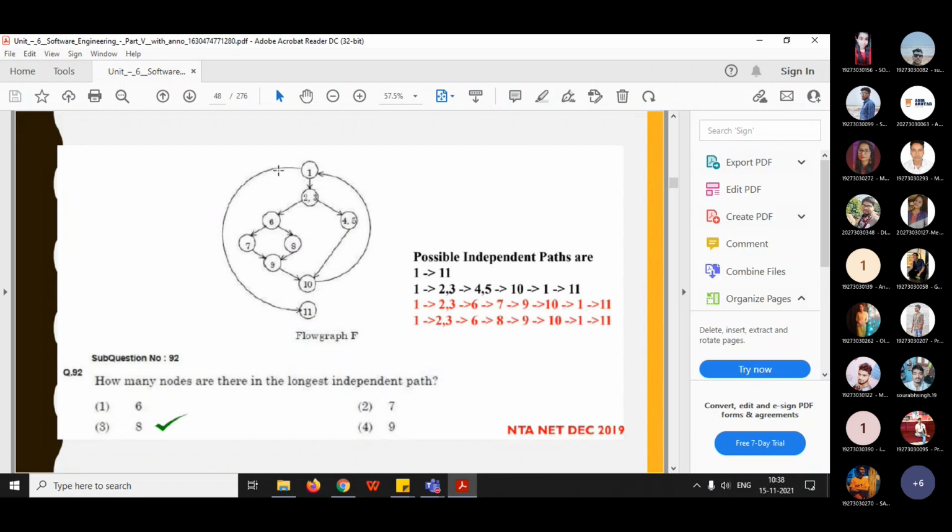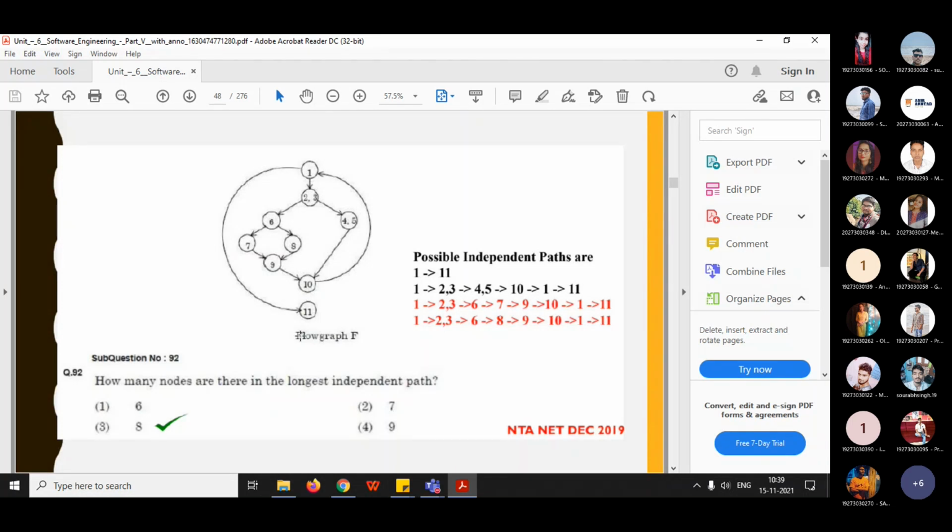Now, the number of possible independent paths. First we calculate from the starting vertex to the ending vertex. This is one path, 1 to 11. Next path: 1 to 2, then 2 to 4, 5, then 4, 5 to 10, then 10 to 1, and then 1 to 11.